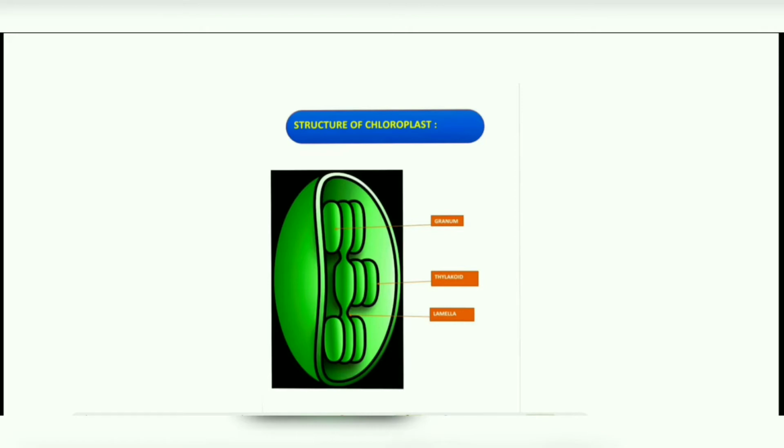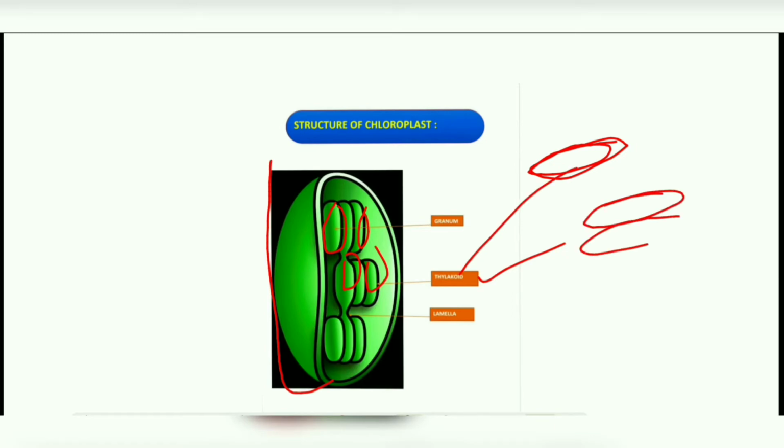Consider a chloroplast structure: it will have stacks of thylakoids, these coin-looking structures. The coin-like structures are called thylakoids, and these stacks are called the granum.